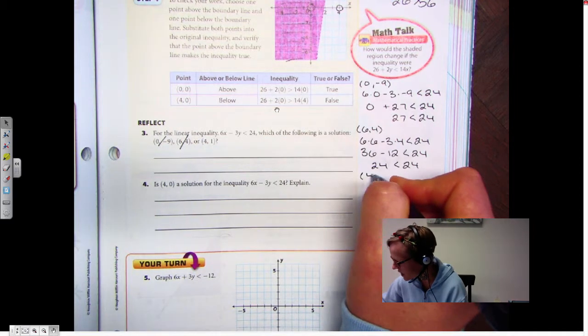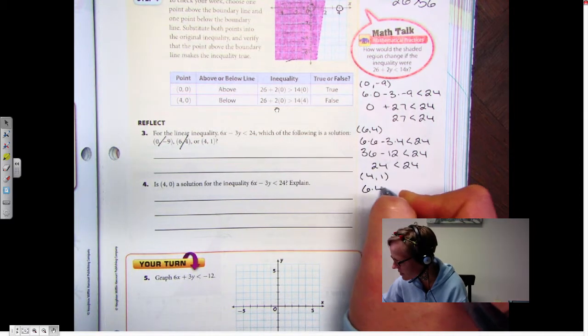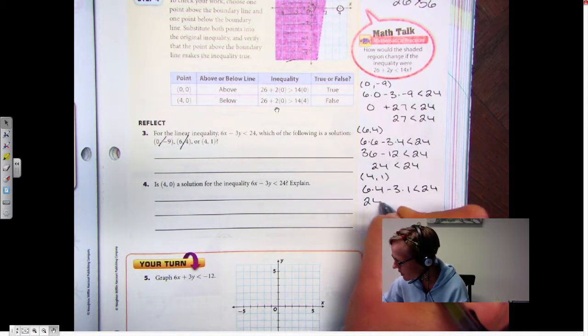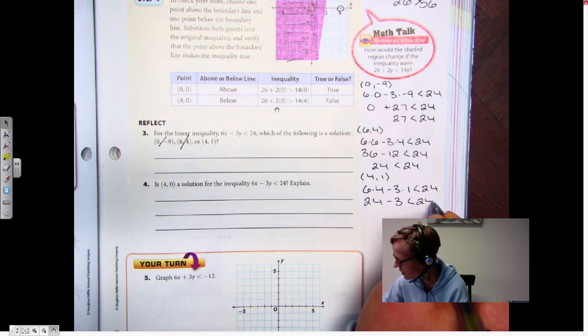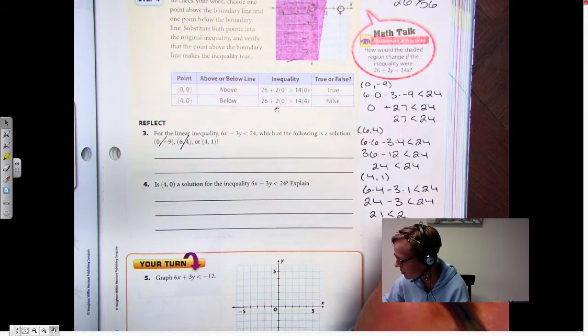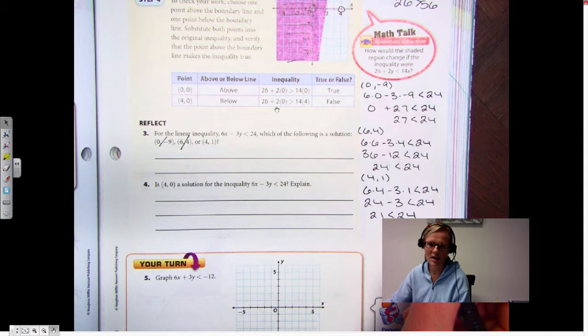My last one I'm going to check is 4, 1. When I plug that into the same inequality, 6 times 4 minus 3 times 1 is less than 24. 24 minus 3 is 21. Is 21 less than 24? Yes. So 4, 1 is a solution to my inequality.